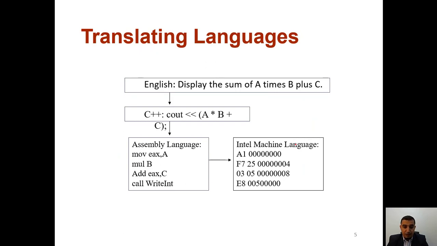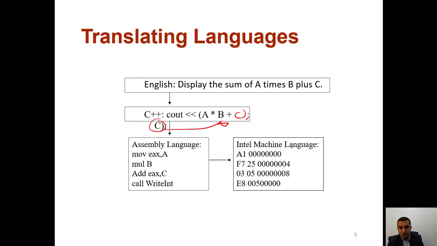In English: display the sum of A times B plus C. In C++, it is cout, A multiplied by B plus C. In assembly language: move A to EAX, mul B, add C to EAX, call write, interrupt.